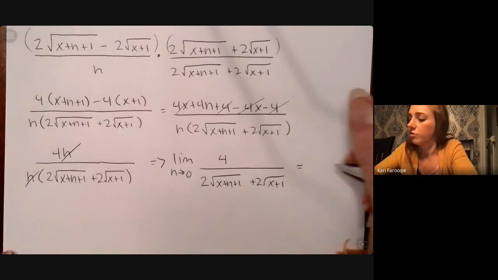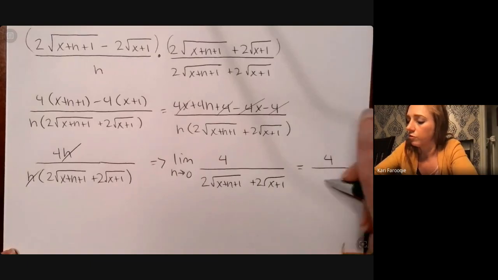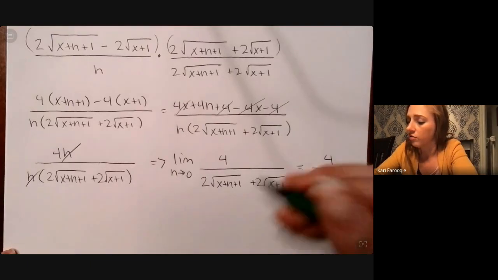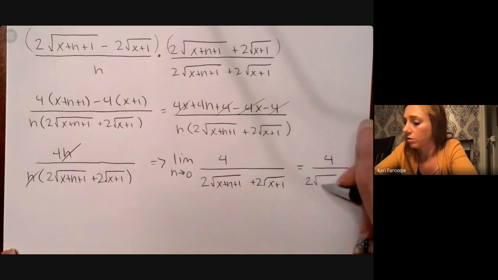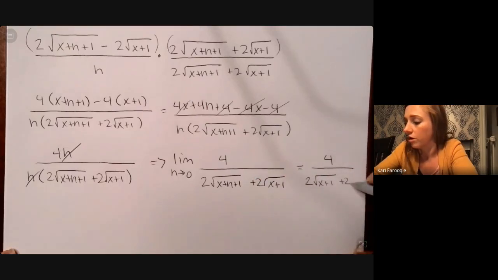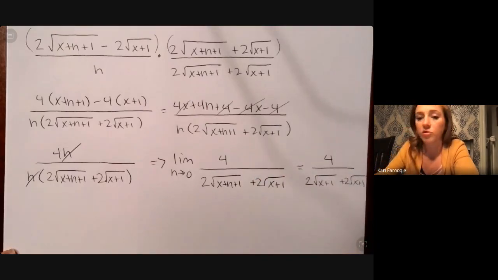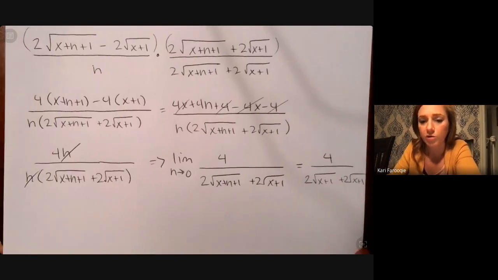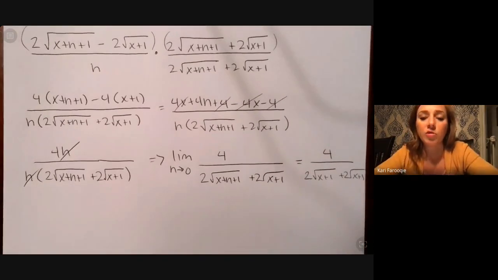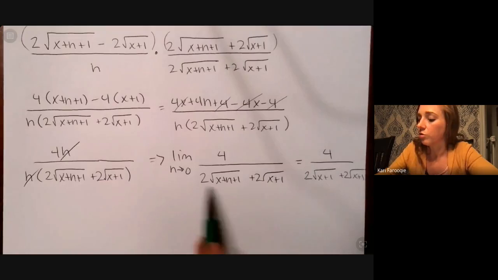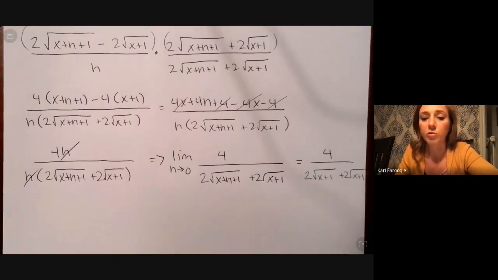Send h off to 0, and that leaves you with 4 divided by twice the square root of x plus 1 plus twice the square root of x plus 1. Sorry, I meant to say square root of x plus 1, not just x plus 1. But the h in this case went to 0. x plus 0 plus 1 is just x plus 1.